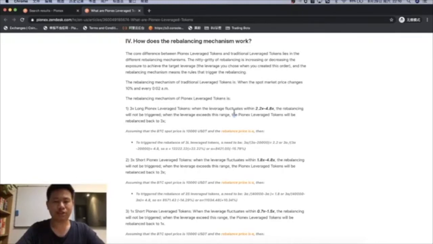The target of rebalancing is to always keep 3 times leverage from the spot market, so you can make more profits when you choose the correct direction.